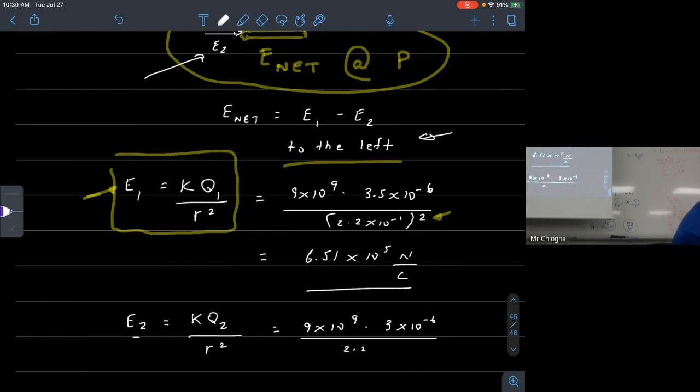Distance is the same. It's halfway, so it's half of what was given, 2.2 instead of 4.4. Now it works out to be, that's not right. 5.58.